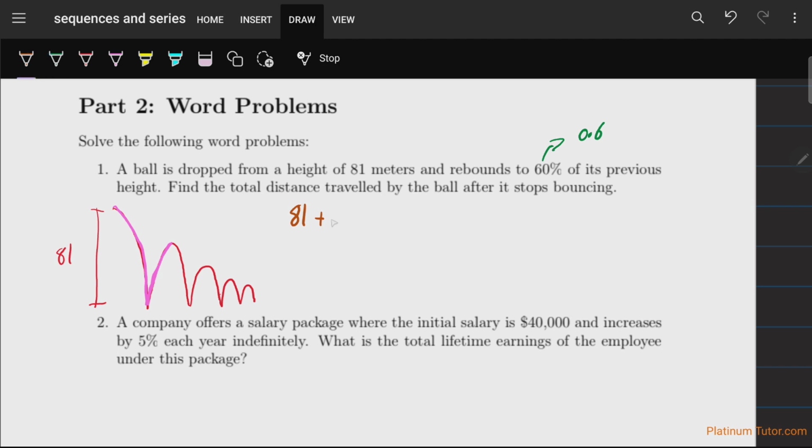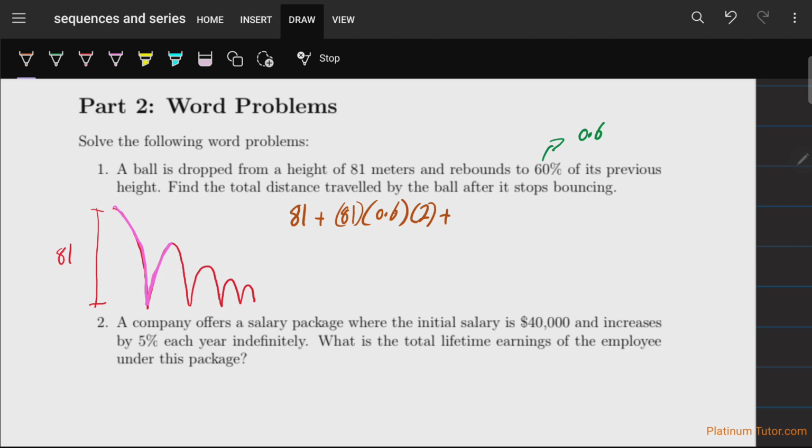So I'm going to do 81 times 60%. Right, this is how we find 60% of 81. And it's going to fall the same distance. Okay, so it goes up a distance and falls down the same distance. So that's essentially like doing the same thing twice. Okay, so I'll just multiply it by 2.